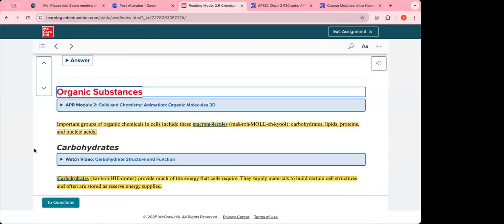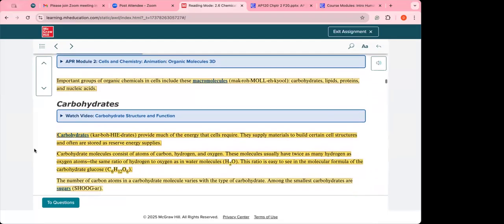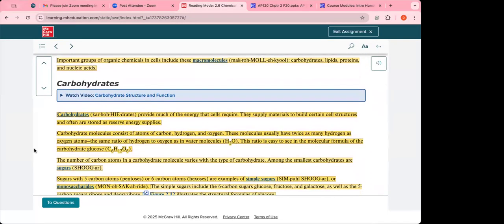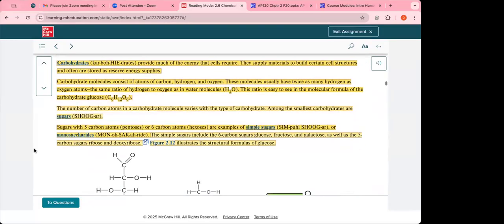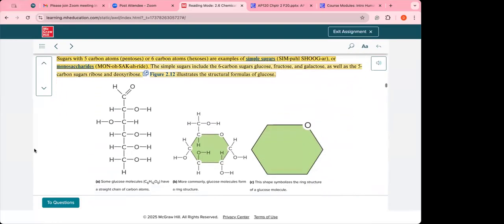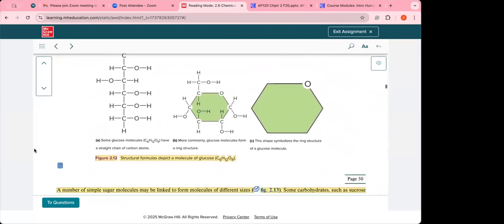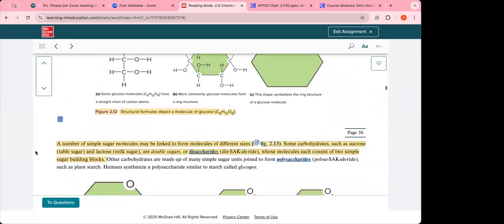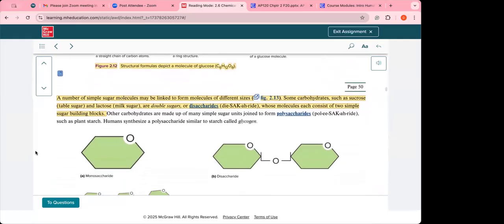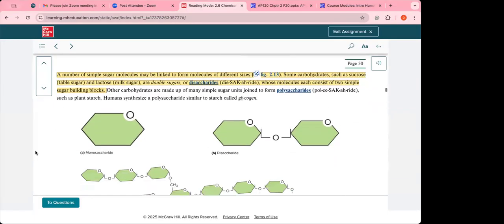Okay, that's not it. The sugars dissolve in water, right?